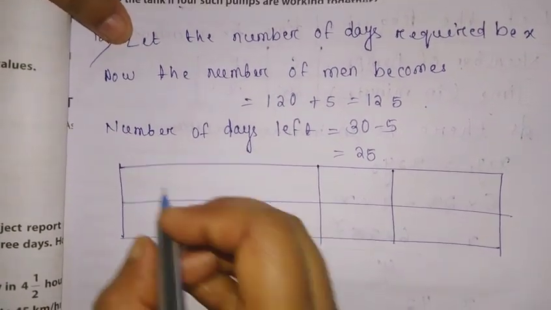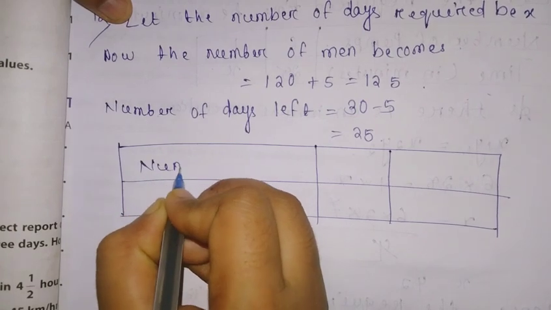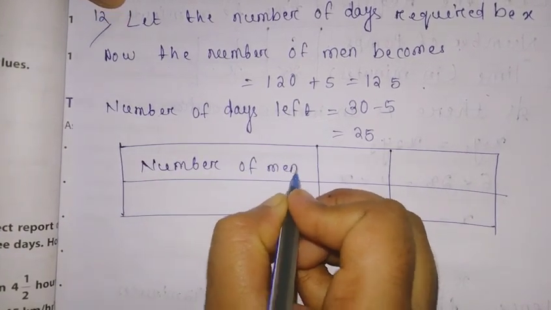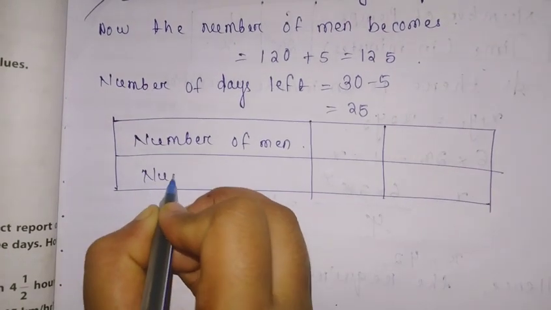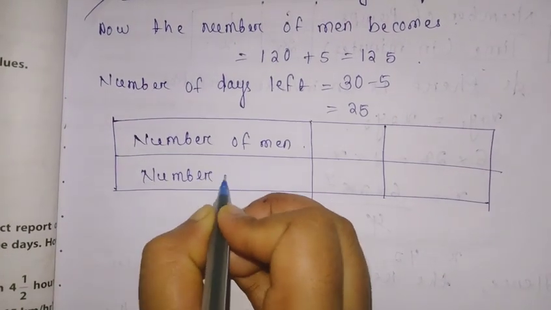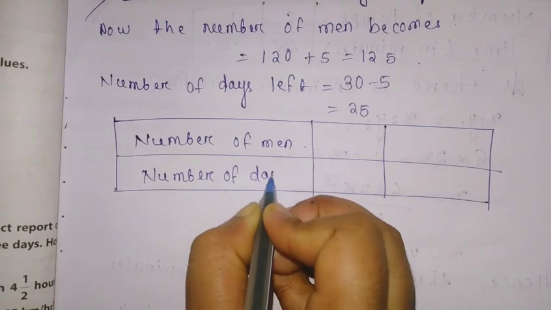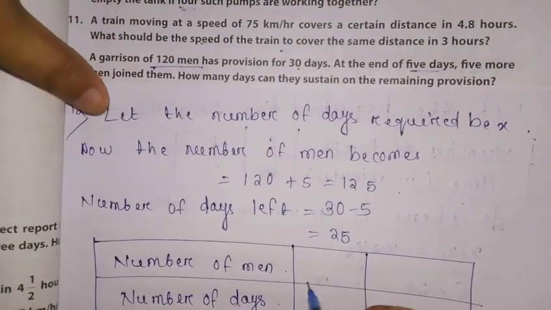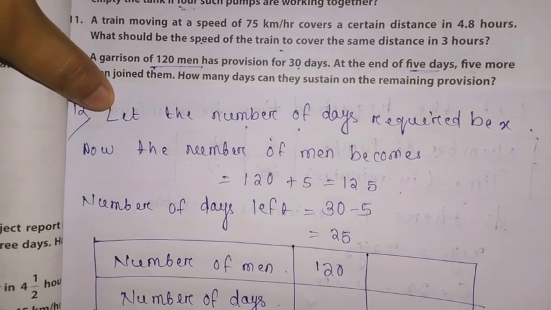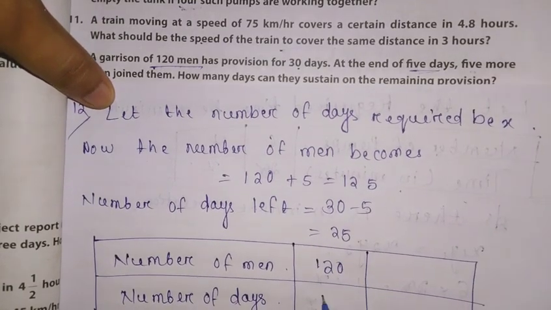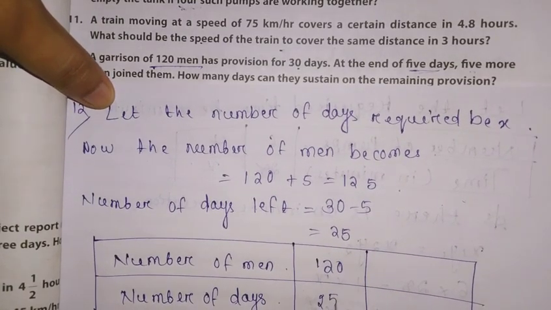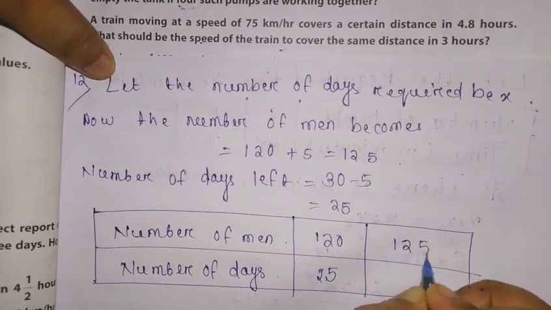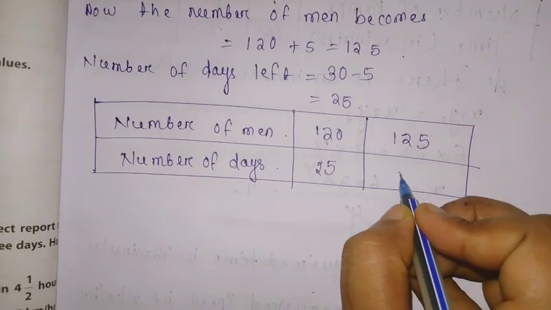First I write number of men, then number of days. Number of men is 120 and 25 days. Then number of men 125 and number of days x.